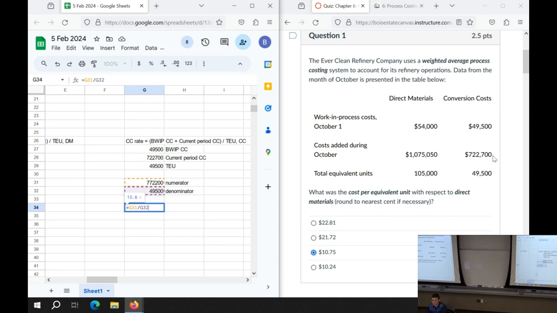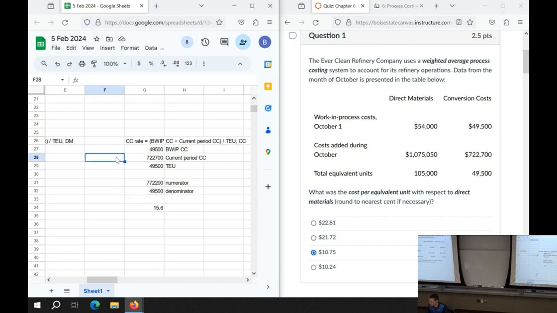Once we stepped out of step 1, where we did TEU, we didn't have to worry about the percent completion. The rate step here is just that division. And usually the way I'll get you to get it wrong with the distractors here is by having you pick the wrong numerators. Under weighted average here, it's always the sum of beginning WIP and current period costs. I think these two right here are wrong because they have you sum all of these together.